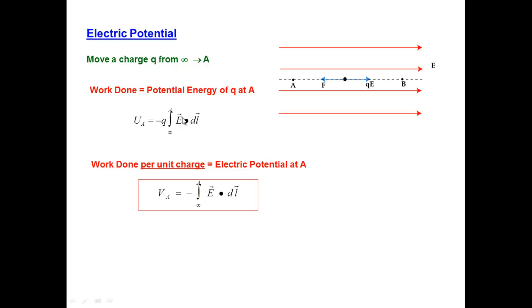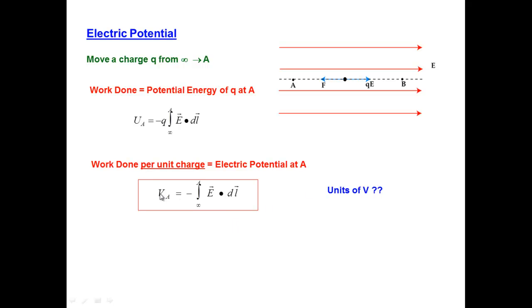So if we divide both sides by Q here, we get this quantity V, which is the electric potential. Note that potential energy depends on the charge Q, but dividing both sides by Q gives us this quantity V, which only depends on the electric field and the initial and the final points. So this electric potential is a potential energy per unit charge.